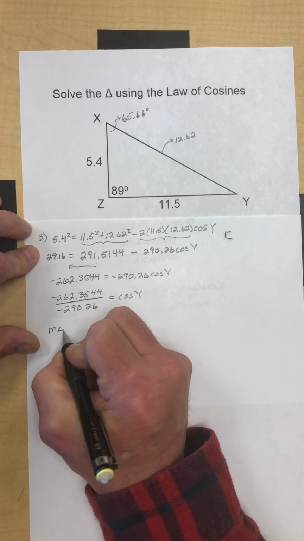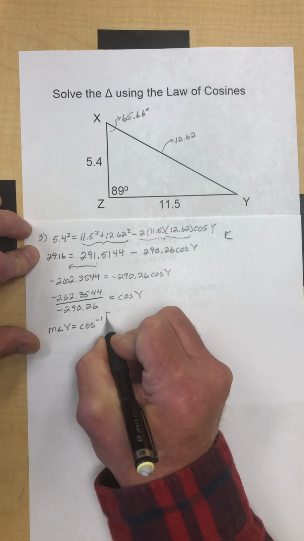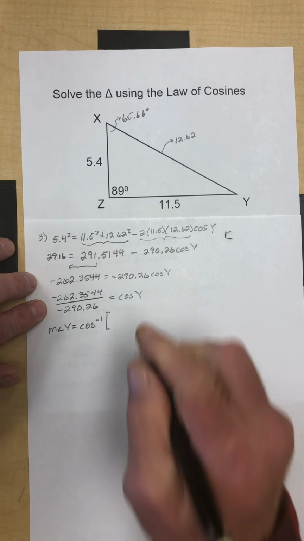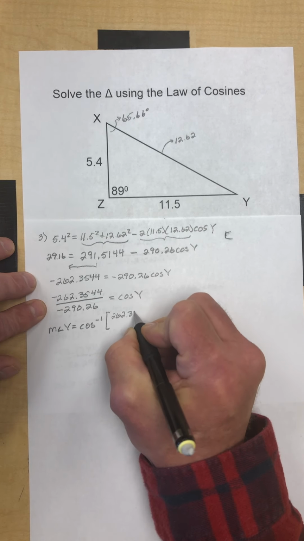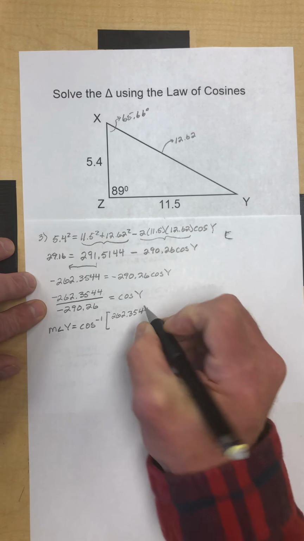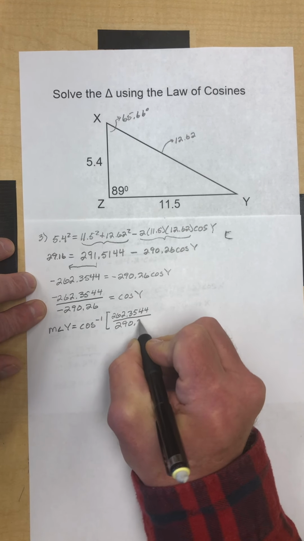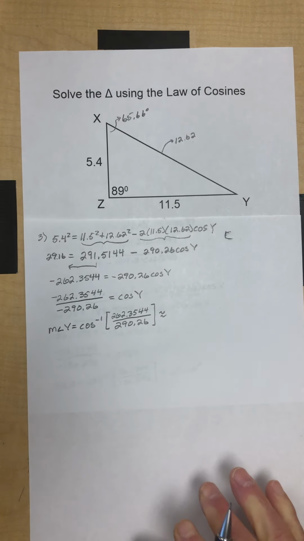And once again, notice a negative divided by a negative is a positive, so you can drop the two negative signs. Okay, 262.3544 divided by 290.26. And I punch that into my calculator and see what I get.